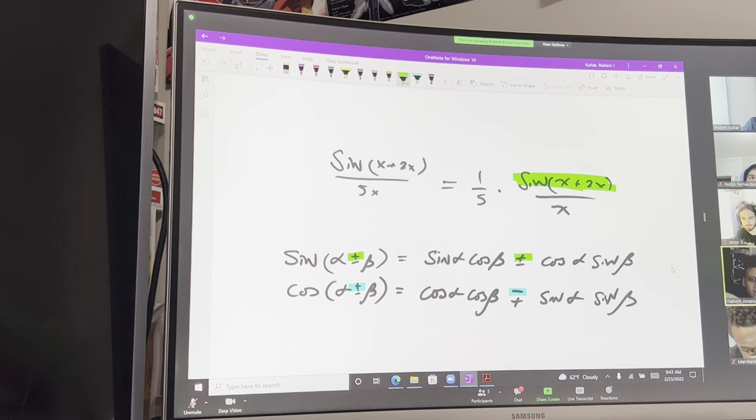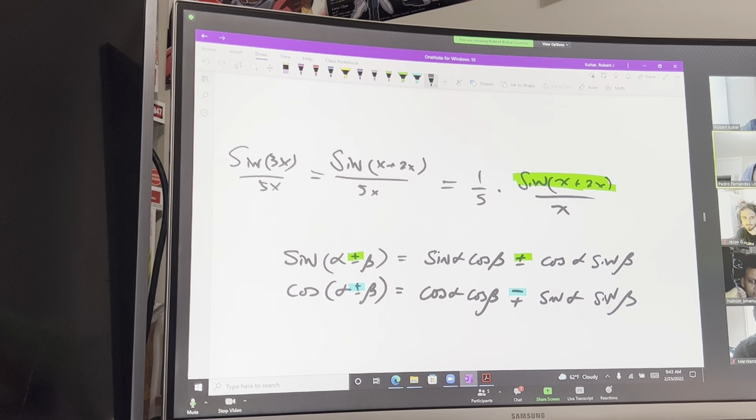So, Professor, sine 3x is equal to sine of x plus 2x, that is okay? Yeah, sine of 3x, because that's x plus 2x. That was my question a long time ago.